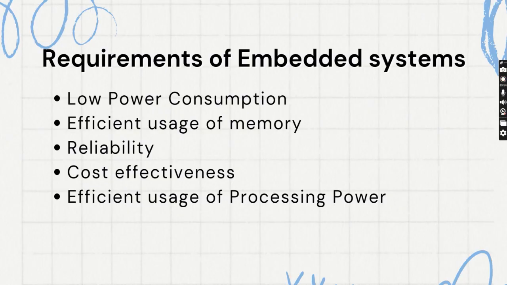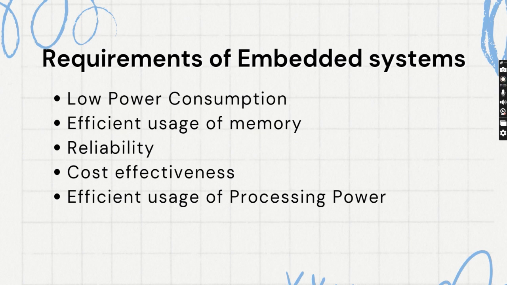The third thing is reliability. We can say the embedded system can perform at any time. The system should be reliable, and it should give continuous output. And the fourth thing is cost effectiveness. The embedded system should not cost much. We should choose our embedded system according to the bare minimum required. And the last thing is efficient usage of processing.